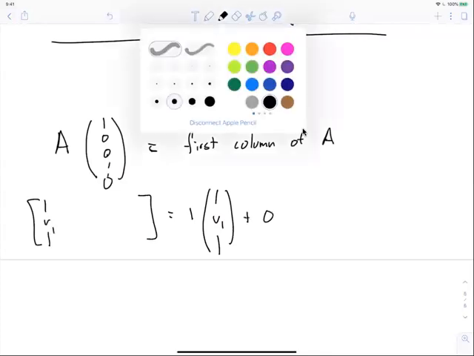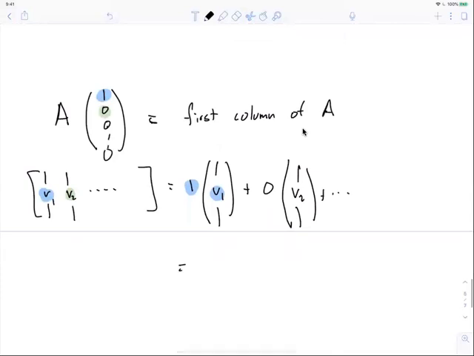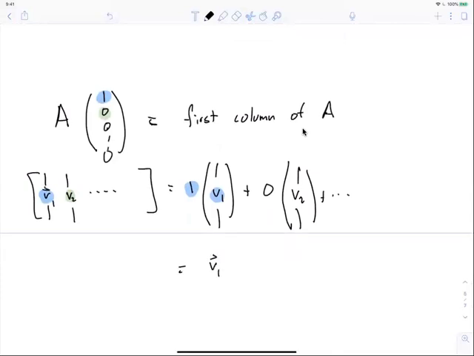So the 1 comes from here, and the V1 comes from there. And then the next 0 comes from here, and then you get the next entry. Okay, so altogether, that's just V1. That's just the first column is what you get by multiplying A by 1, 0, 0, 0.